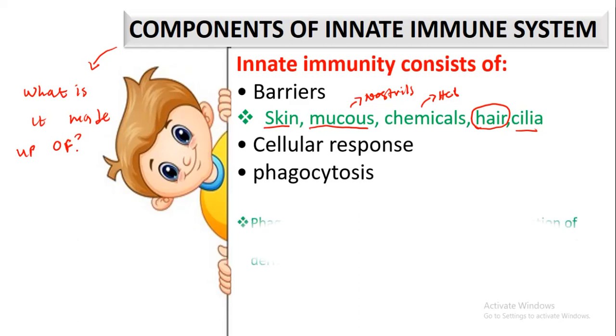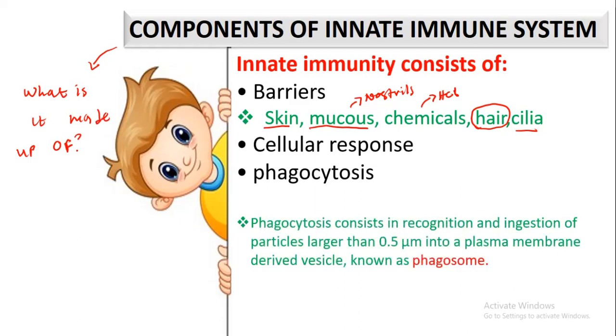Phagocytosis just consists of two components: one, recognition, whereby the cell recognizes the foreign substance, and after recognizing it, it's going to ingest it. It's more like it eats that bacteria, the same way you get your food and eat.